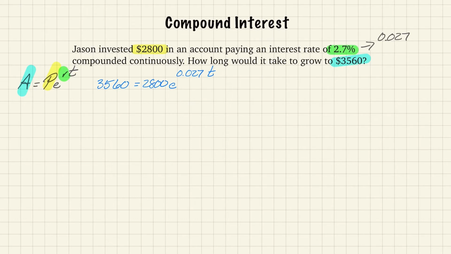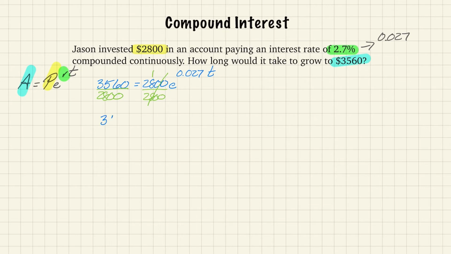A couple of things I have to do first. I kind of want to clean this up a little bit, make it a little bit easier. So what I'm going to do is divide both sides by 2,800. What I do to one side, I do to the other. I keep it balanced. I do that, and the coefficient of E actually becomes 1. That's the reason why we did it.